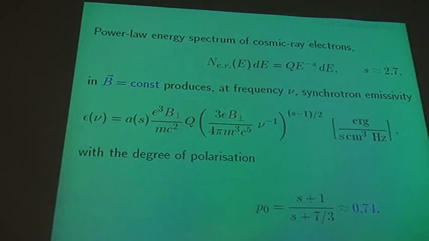If I plot now the whole spectrum, this is nu, and this is intensity. Then what happens? The synchrotron contribution will be like that. It's this, right? Nu to the power minus s. And CMB behaves like this, goes here. So there's a broad range where synchrotron dominates over CMB.